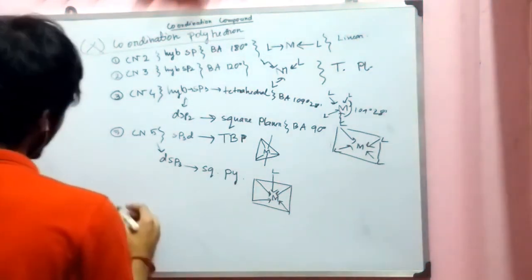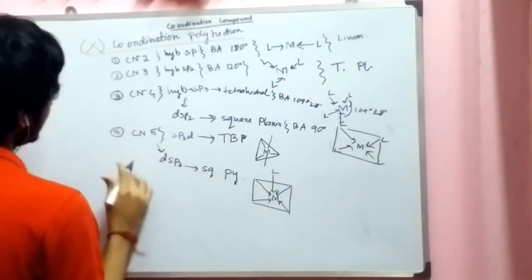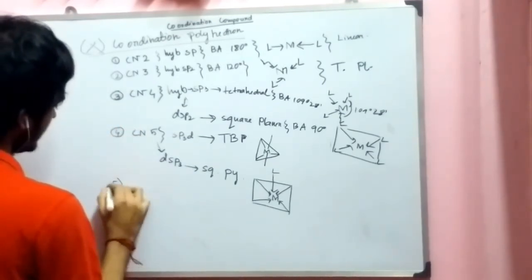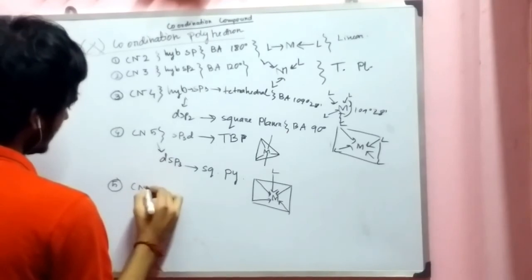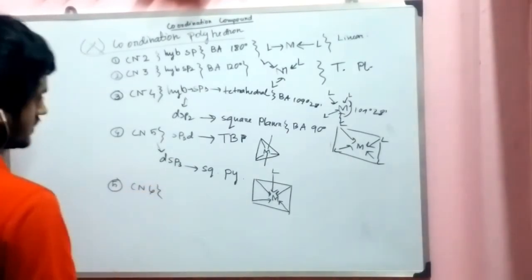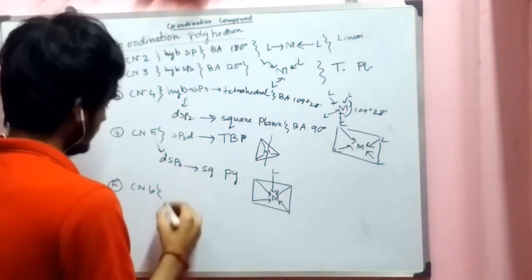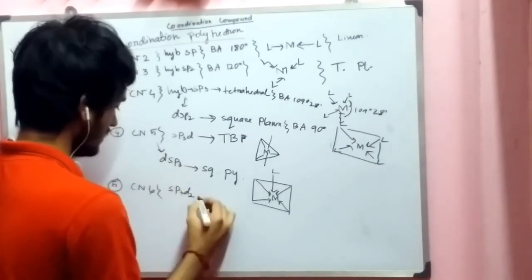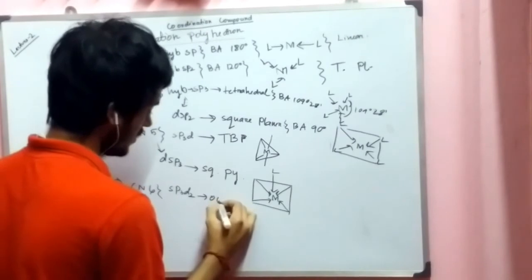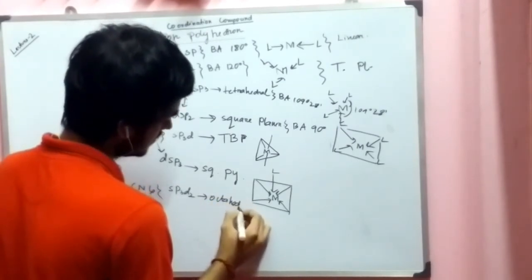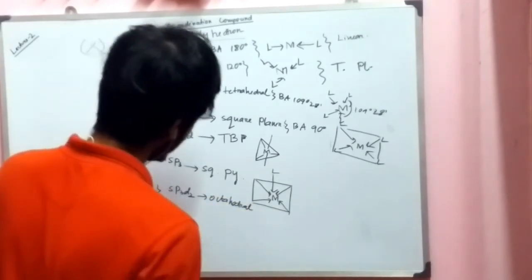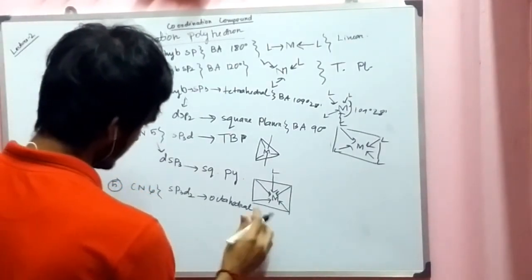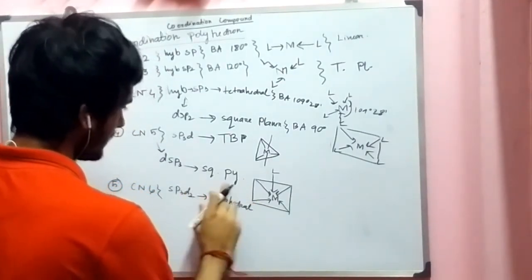And the most important type of coordination number, this is number 4 point, and this is number 5 point. Coordination number when it is 6, it is sp3d2. sp3d2 is octahedral. I am rubbing the square pyramidal shape here.